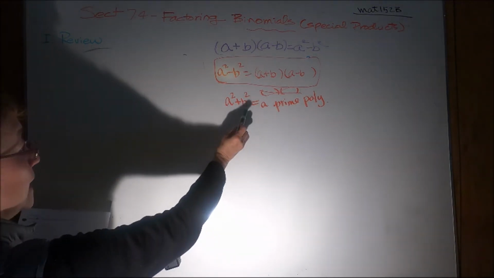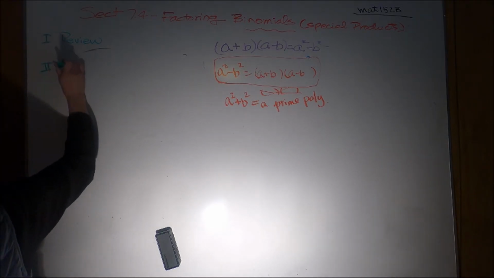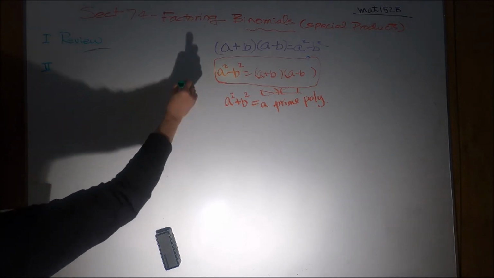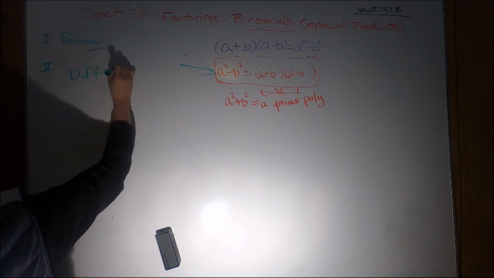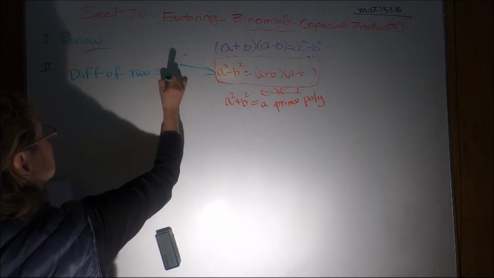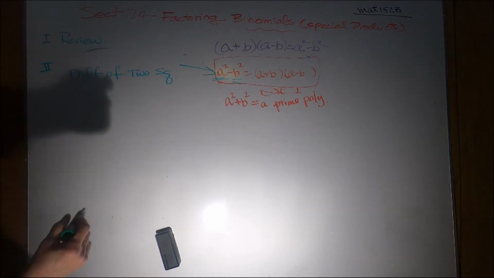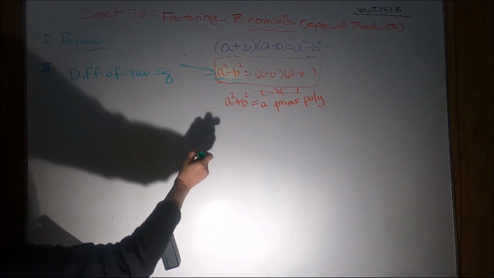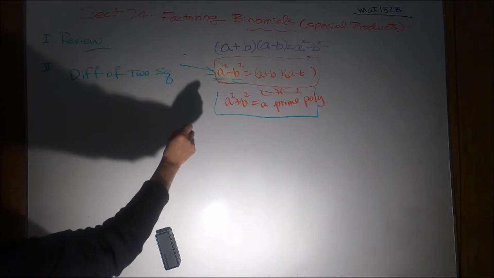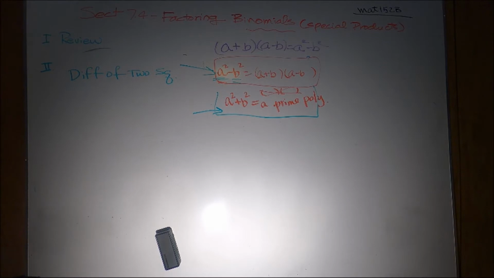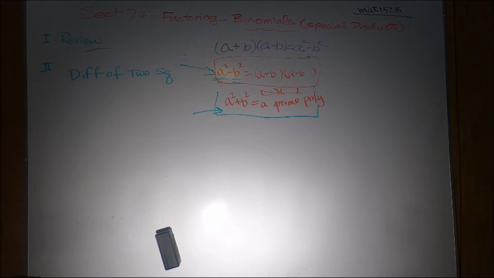So you need to pay attention to that. And this formula, we call it the difference of two squares. You have a difference of two perfect squares, then you should be able to break it down. And if you have perfect squares but it's a sum, you cannot break it down. That's all you can do. Got the idea?